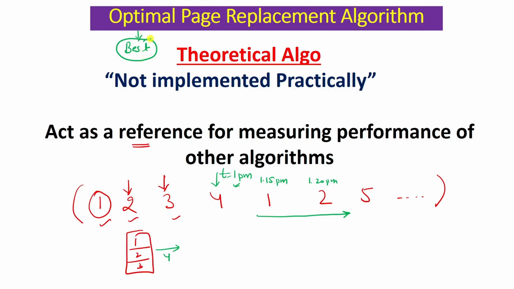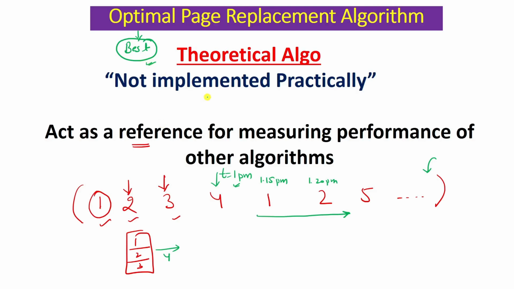Because the future is the best indicator which can tell me which page I should replace. Replace that page which will not be used in the future. Simple, right? By replacing that page I will get a lesser number of page faults. So that's why this is the best algorithm.